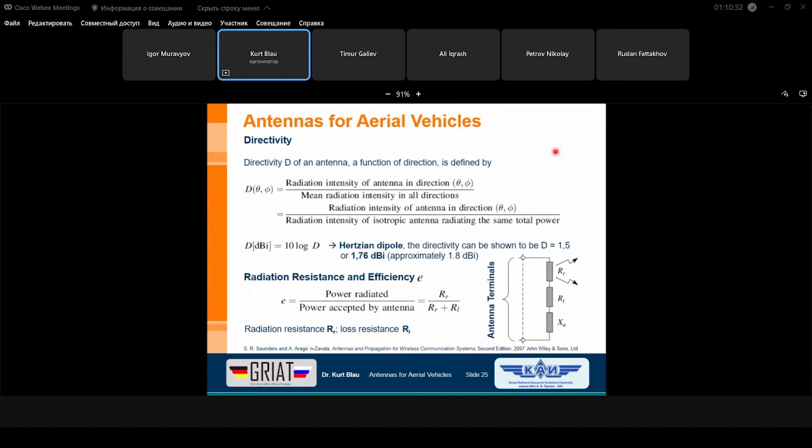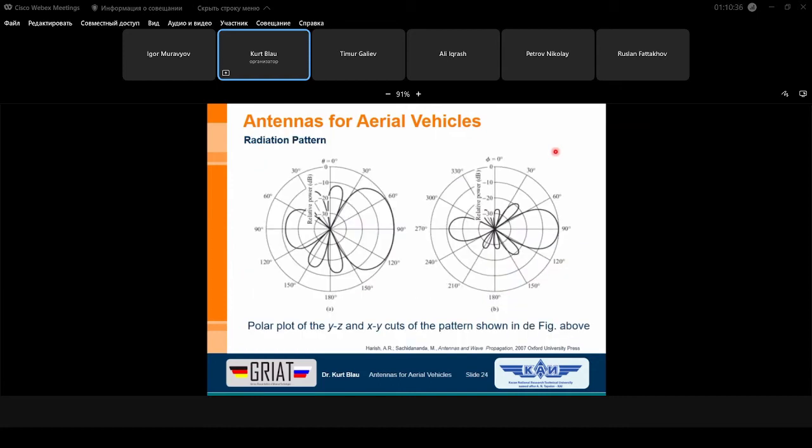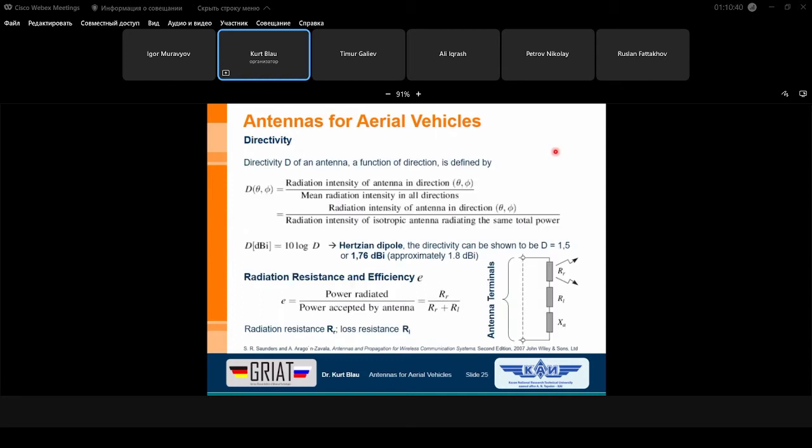We can explain the directivity, meaning what we can read out of this pattern. We can determine the directivity by, for instance, the radiation intensity of the antenna in a certain direction.